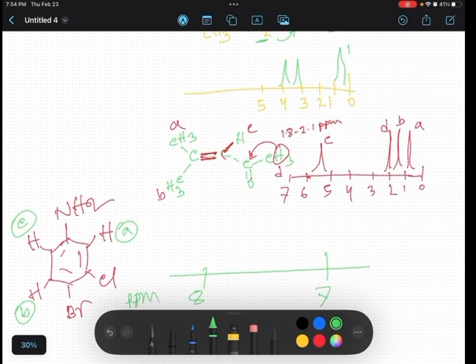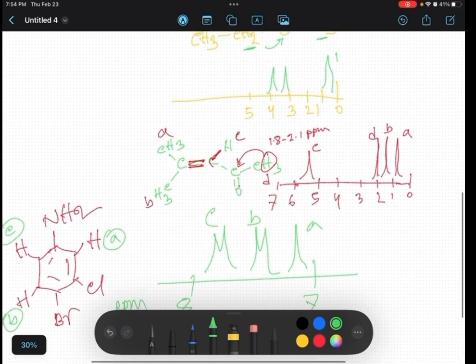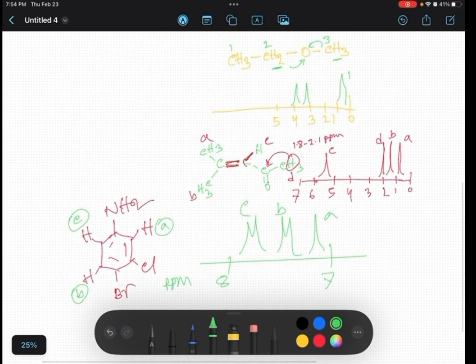You can see A as a singlet, B as a doublet, and C also as a doublet, because they will see each other. I will explain more about the splitting pattern, don't worry. So these are the patterns you will see in the proton NMR.